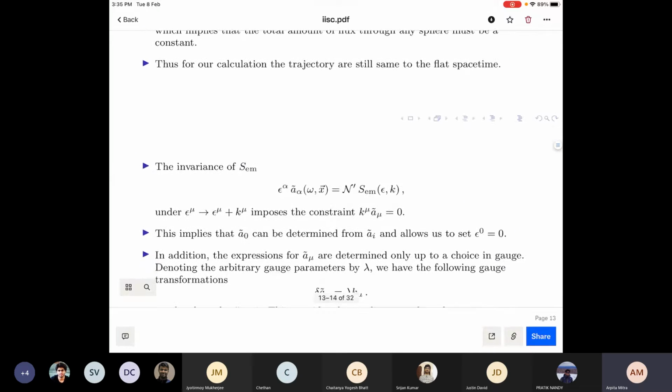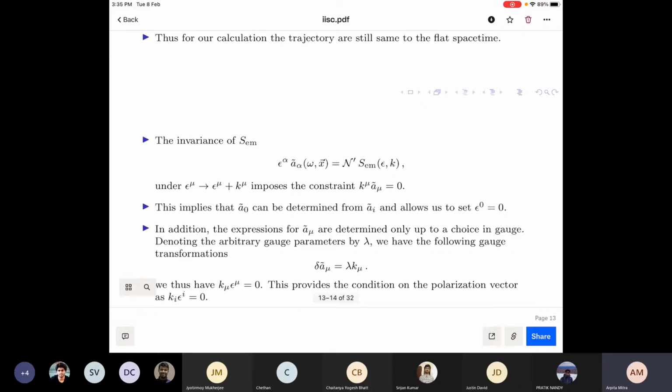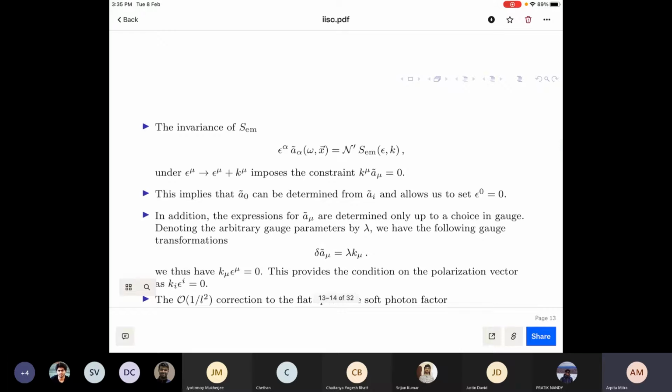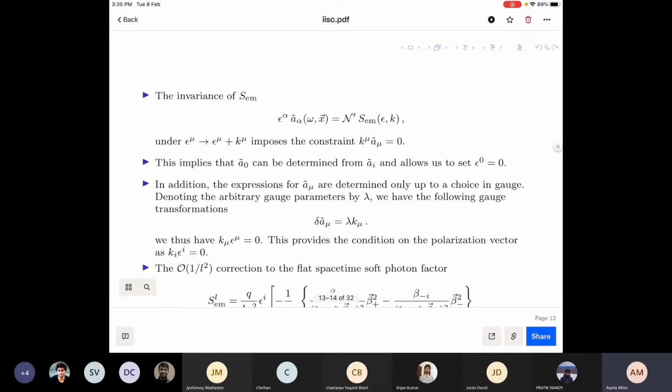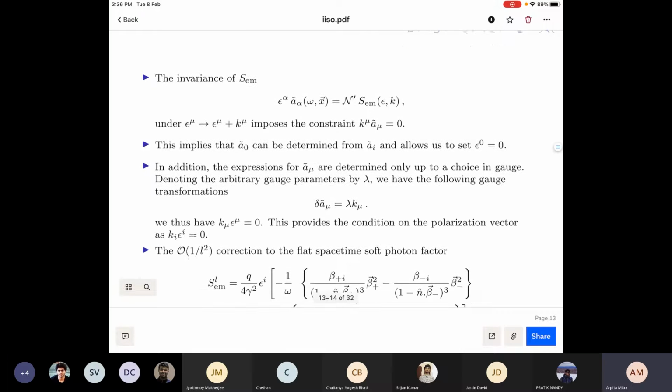Another trick we have to use is that we will choose the polarization vector such that the gauge invariance of the electromagnetic soft photon factor is intact. If we see this equation, we want to keep it invariant under epsilon mu going to epsilon mu plus k mu, so that will impose a constraint that k mu a mu tilde equal to 0. From this we can also understand that a0 tilde can be determined from ai tilde, and this allows us to choose epsilon 0 as 0.